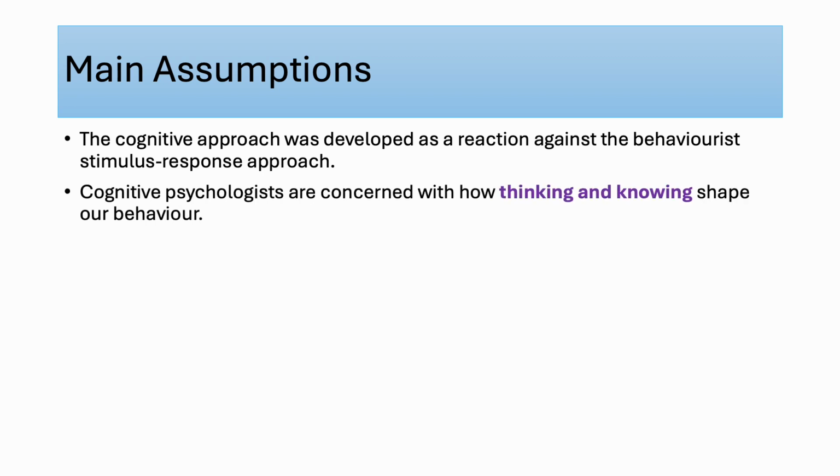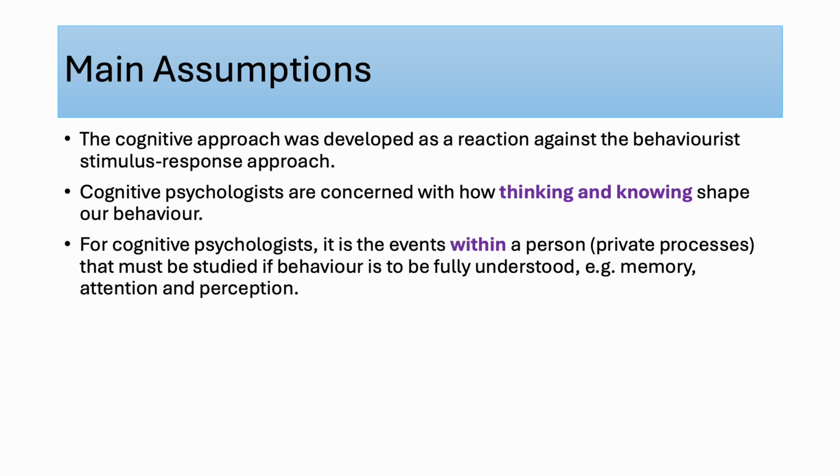So cognitive psychologists care more about how thinking and knowing shape our behaviour, how all of these different mental processes inside of our brain take place and affect our behaviour. So for cognitive psychologists, it's all about what happens within a person, the private processes: our thoughts, our memory, our attention, perception, etc. And they believe it's those things that need to be studied to understand behaviour fully.